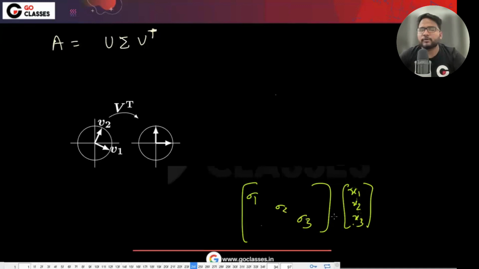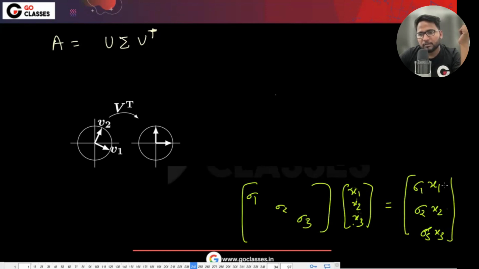Let's suppose this is sigma 1, sigma 2, sigma 3. Then you will be getting sigma 1 x1, right? And then you will be getting sigma 2 x2, sigma 3 x3. So basically, if you're multiplying a vector, right?